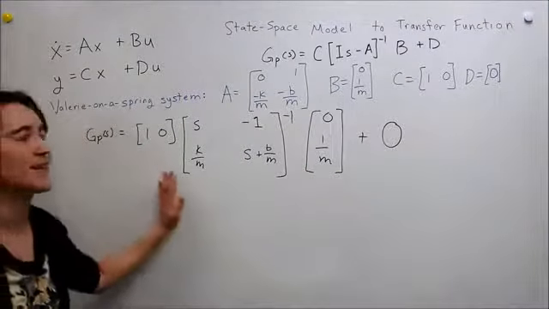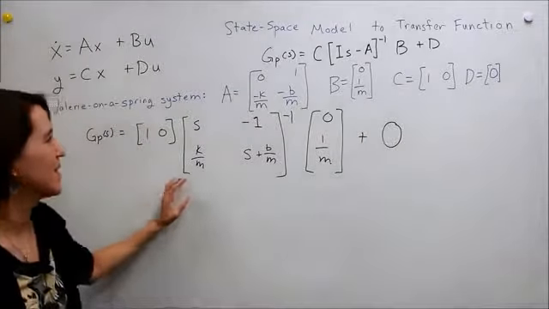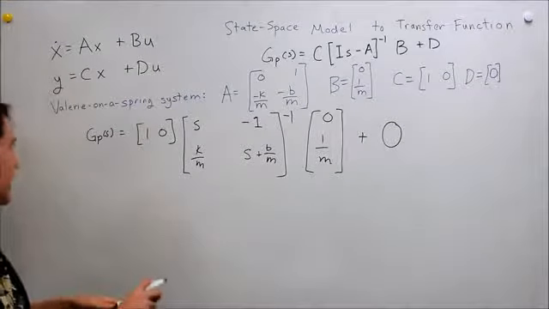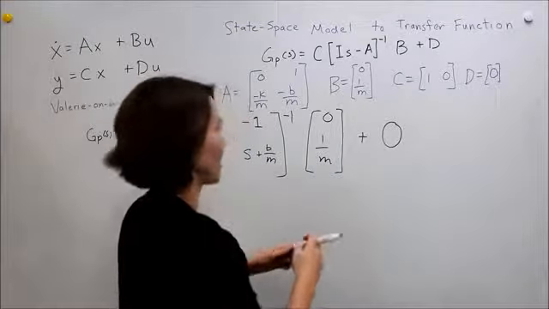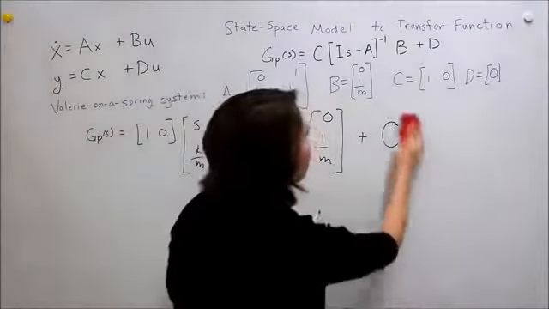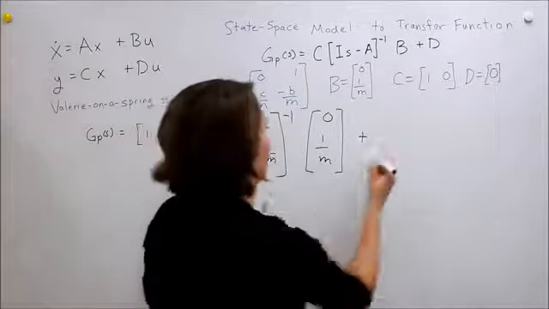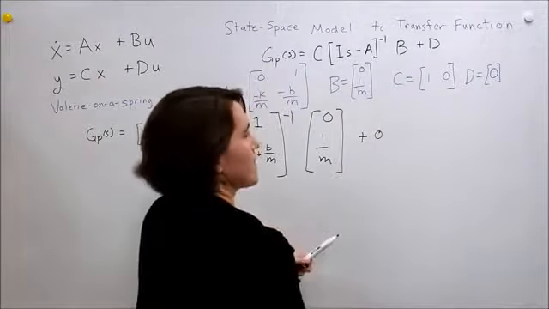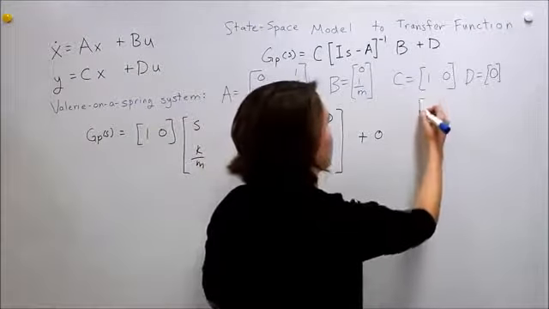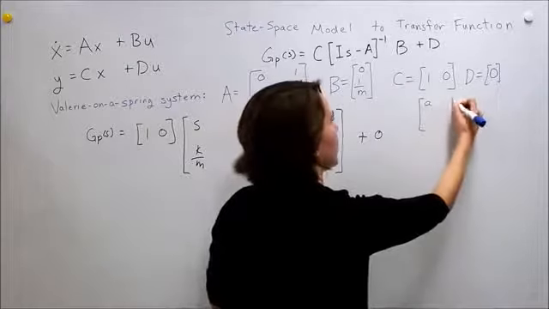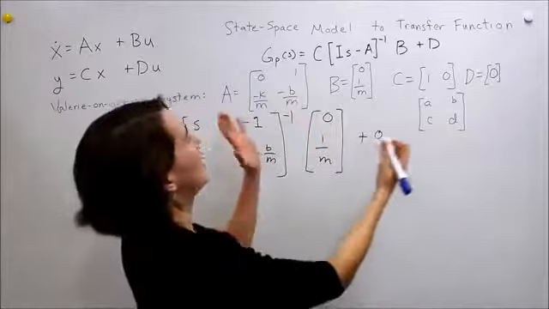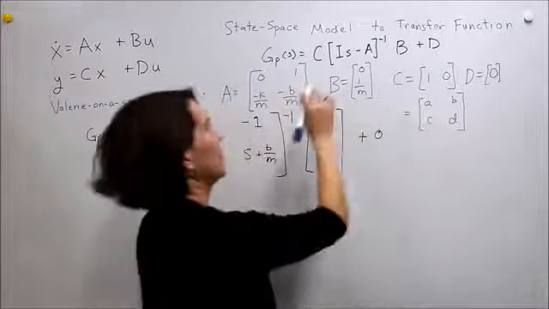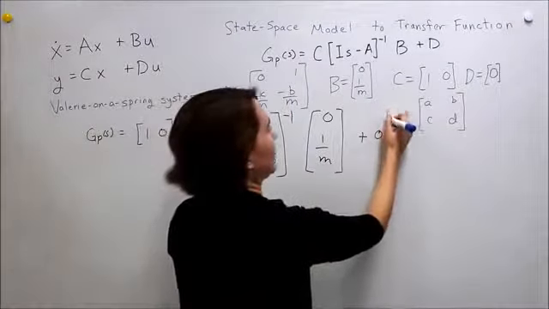Now, the inverse is probably the least fun part of this. So let's just remember how to do an inverse real quick. Okay. If we have a matrix A, B, C, and D, and just not to confuse it, we're going to call it E for now.